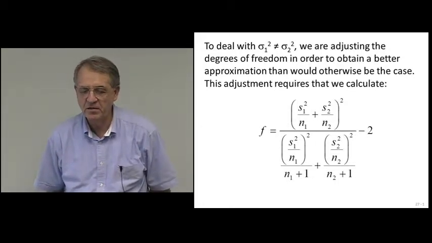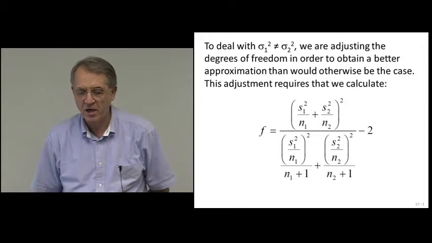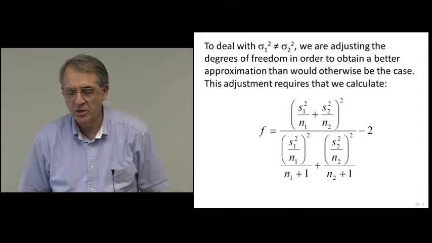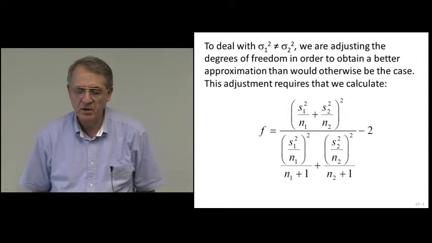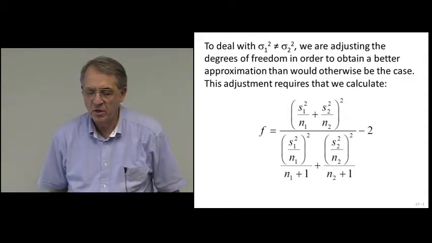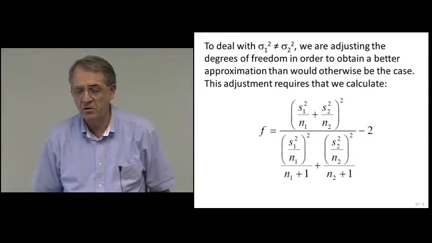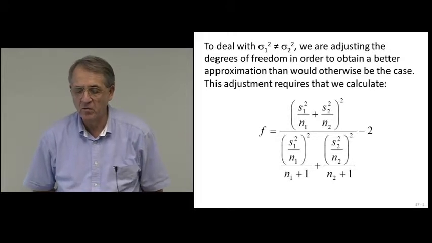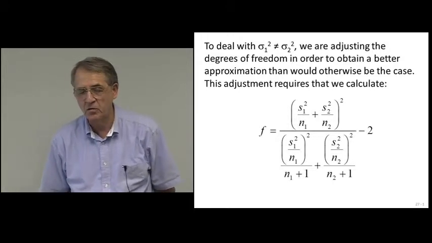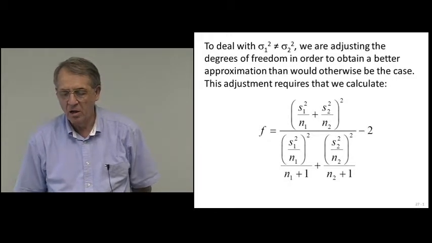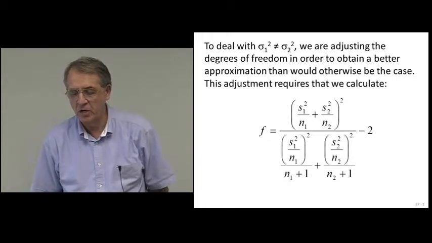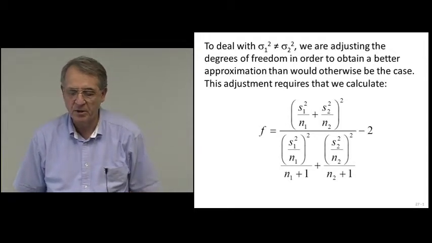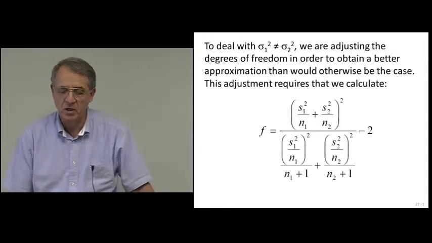We calculate this estimated degrees of freedom by this somewhat complex formula: f is equal to s1 squared over n1 plus s2 squared over n2, that whole thing squared, divided by s1 squared over n1 by itself squared, plus s2 squared over n2 by itself squared, where each of those is separately divided by n1 plus 1 and n2 plus 1, respectively, as shown.